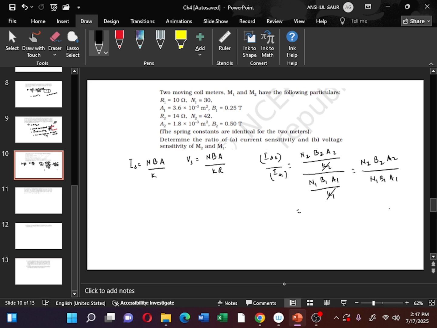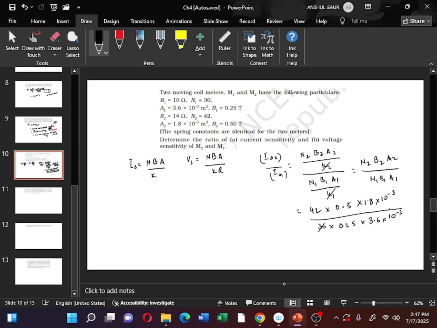Now putting the respective values here, we get N2 is 42, B2 is 0.5 Tesla, A2, which is the cross section area, is 1.8 into 10 to the power minus 3 meter square, upon N1 is 30, B1 is 0.25, and A1 is 3.6 into 10 raised to the power minus 3.